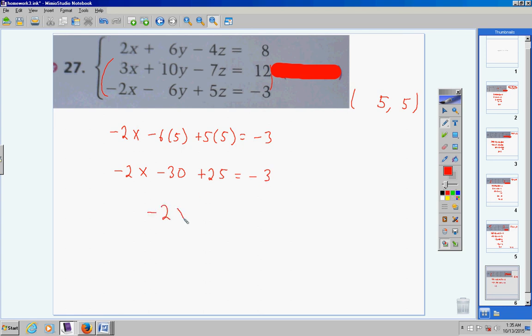Negative 2x. Combine your two like terms, negative 5 equals negative 3. Bring your negative 5 over and make it a positive 5. Negative 2x equals 2. Divide both sides by negative 2, and x equals negative 1. And that is, thankfully, the correct answer.